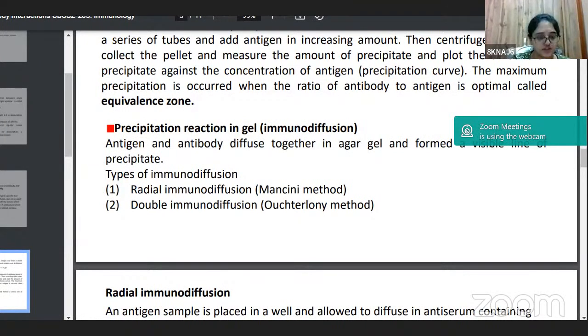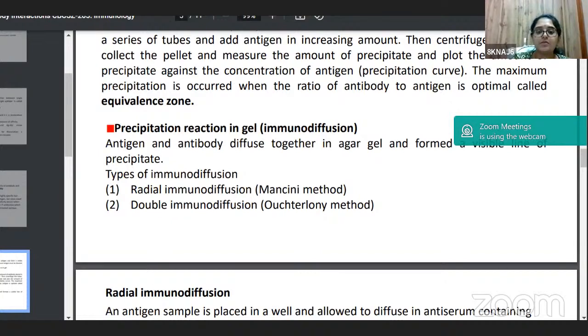They occur in three stages. In the first stage, antigen antibody complex formation occurs, that is precipitation or agglutination. Then the second stage, and the third stage is the destruction or neutralization of the antigen.